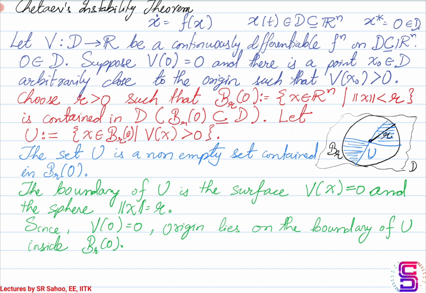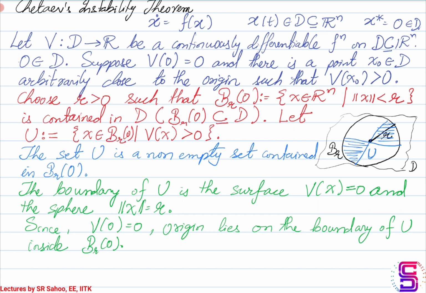But anyways, you are taking points from BR, so you cannot cross that boundary. So the sphere of radius R is also a part of the boundary of U. The boundary of U is basically a part of the surface where V of x is 0 and a part of the sphere of radius R centered at origin.